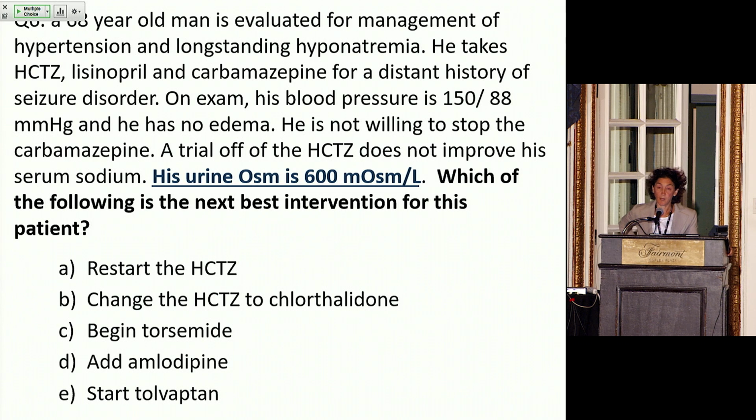On exam, his blood pressure is 150/88, and he has no edema. He's not willing to stop the carbamazepine. A trial off of the hydrochlorothiazide does not improve his serum sodium. And I have this in bold: this is not in your syllabus. His urine osm is 600 milliosm per liter. Which of the following is the next best intervention for this patient?